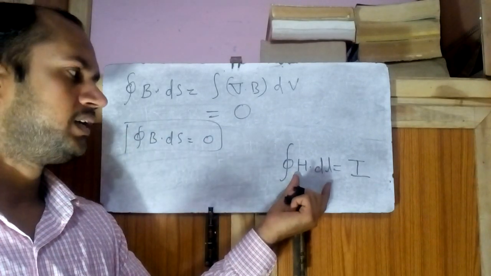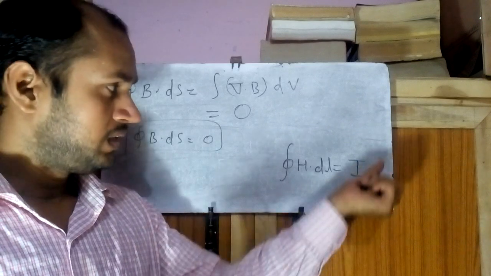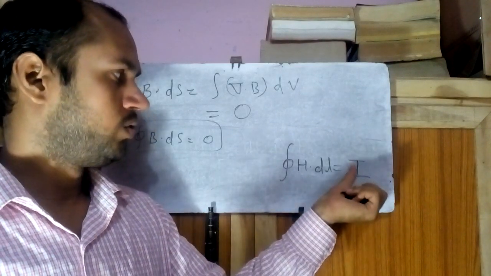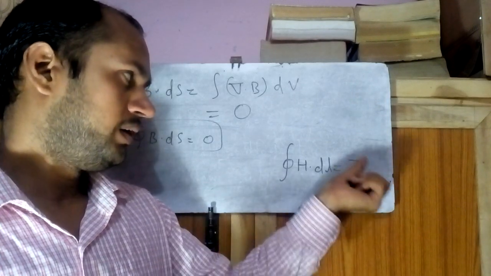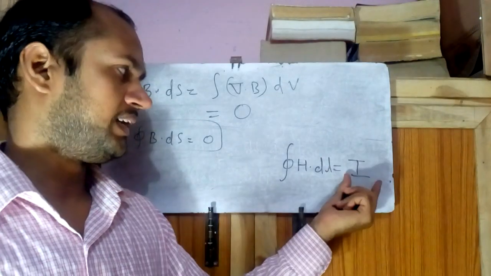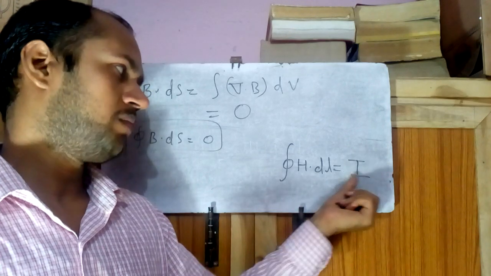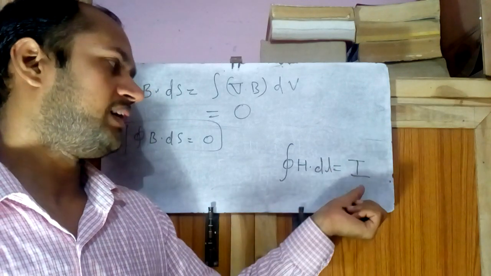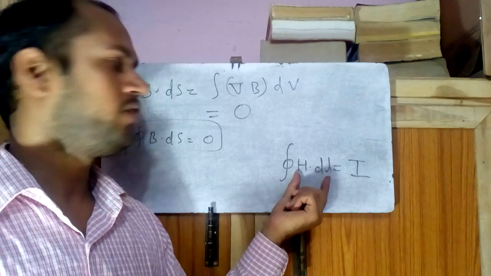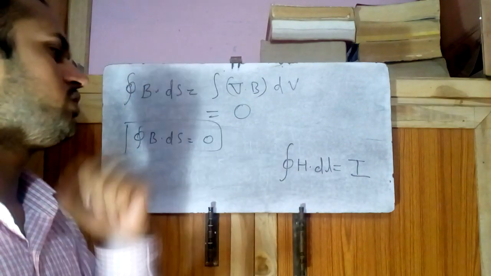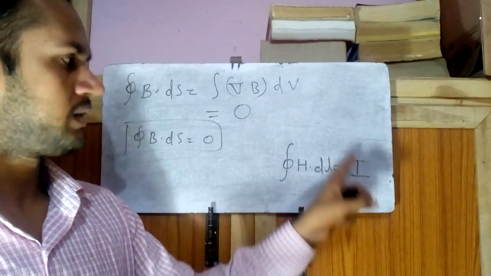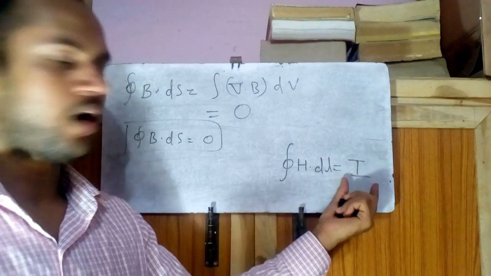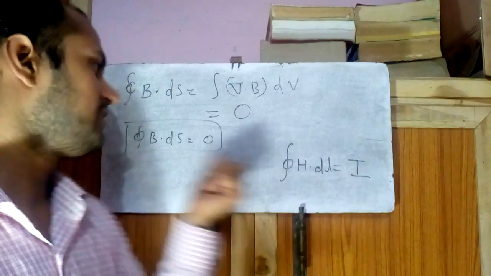And on this side there is a closed integration of I dot dl, so current in all directions. The sum of the current for all directions, that is the closed integration of B dot ds, is equal to 0. It means the summation of all the currents, either incoming or outgoing, will be 0.